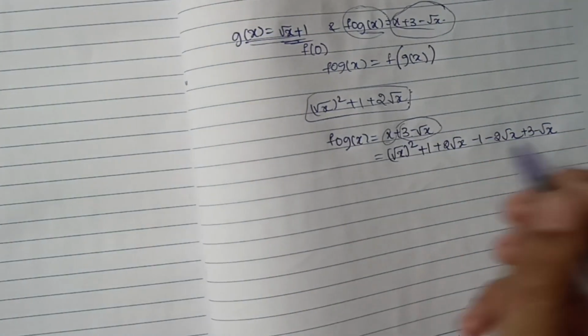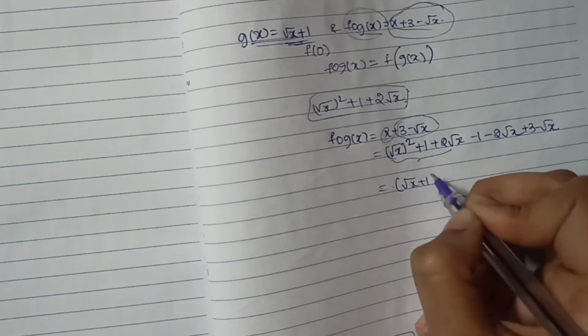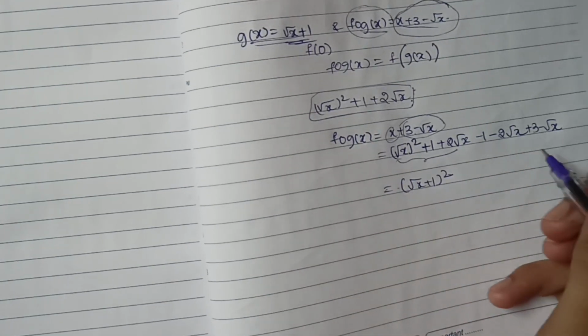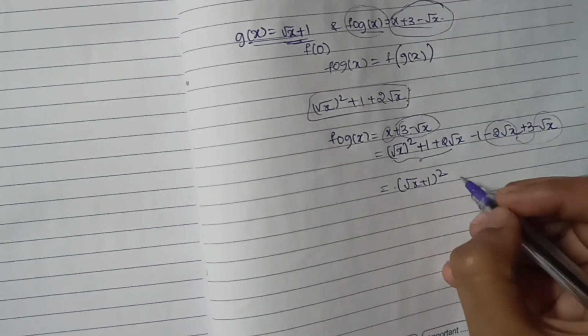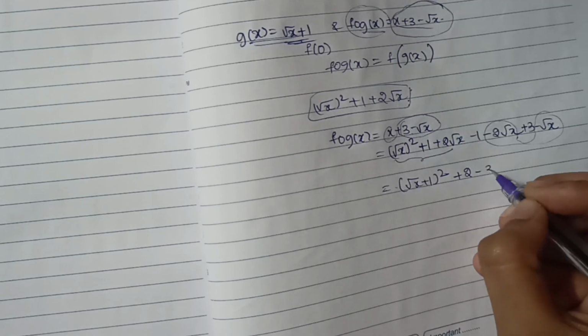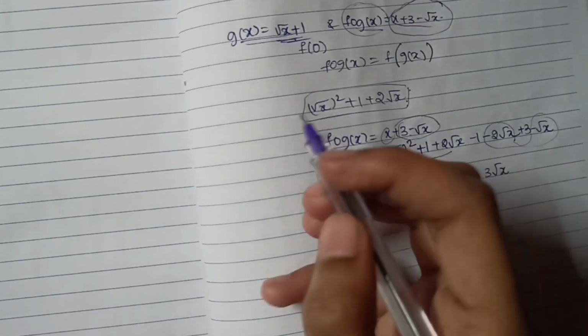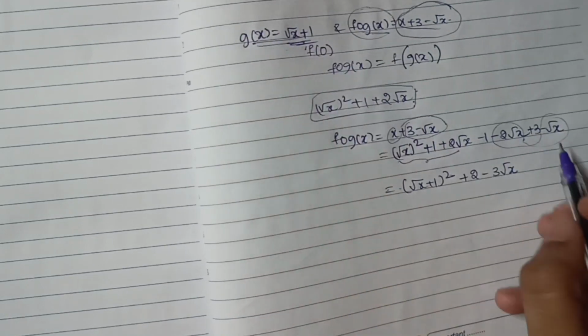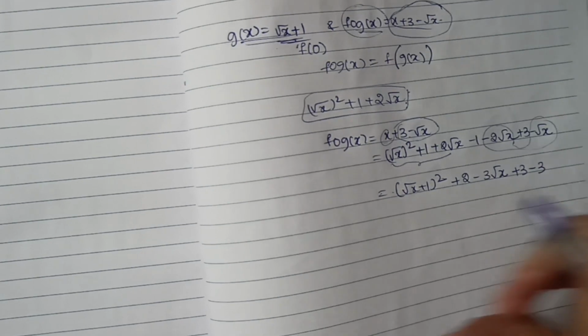I will write them as usual. So this becomes root x plus 1 whole square, which is g of x whole square, and the rest is plus 2 minus 3 root x. Now I want to get the same form, which is root x plus 1. So I will give plus 3 and subtract 3 from this.